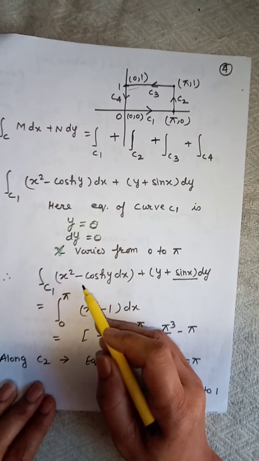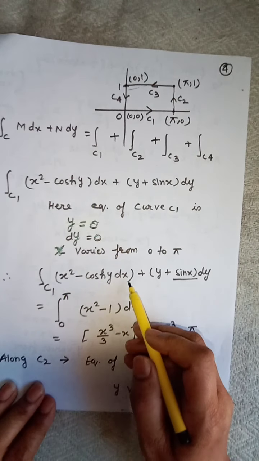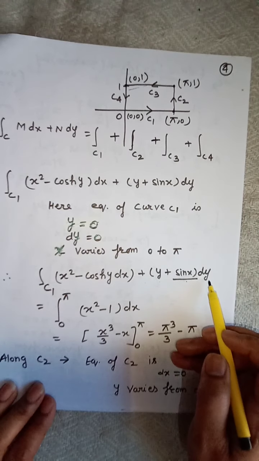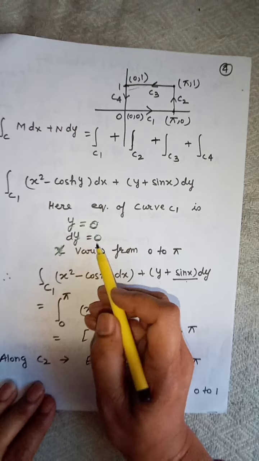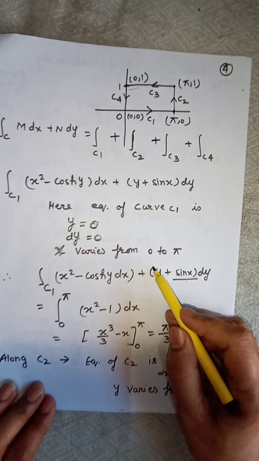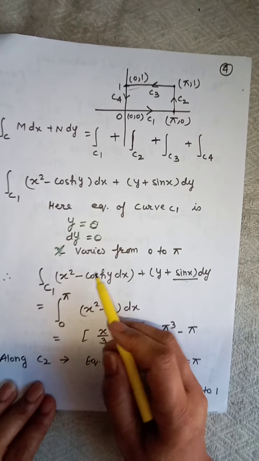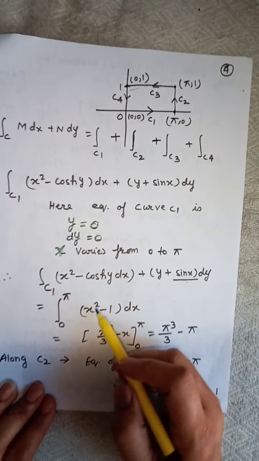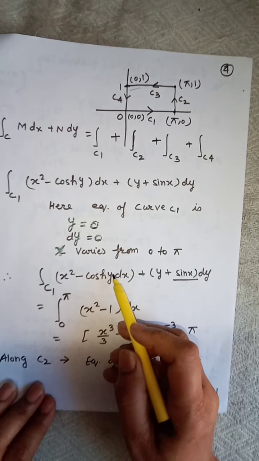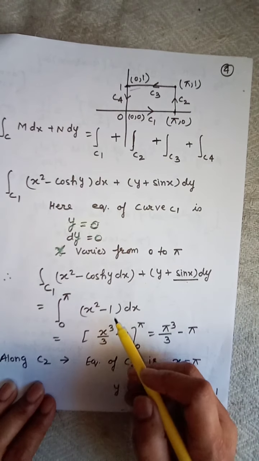So x square minus cos hyperbolic y dx plus y plus sin x dy. Now here dy is 0, so this term will become 0. Then y is 0, so we have x square as it is minus cos hyperbolic 0. Cos hyperbolic 0 is 1.